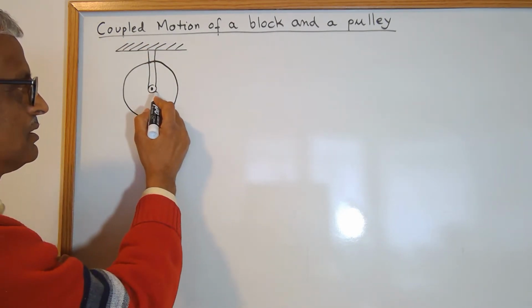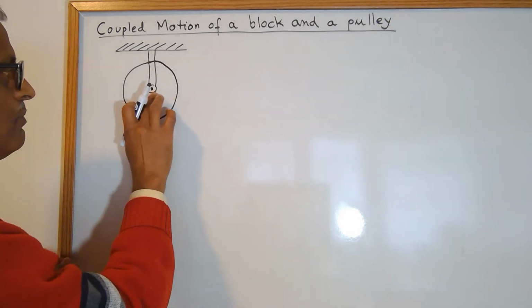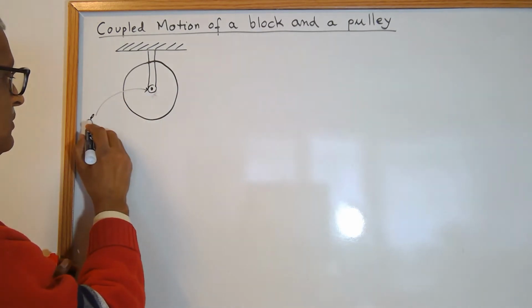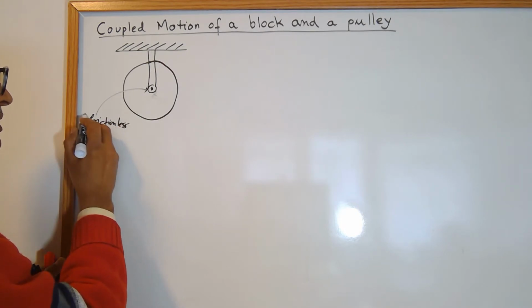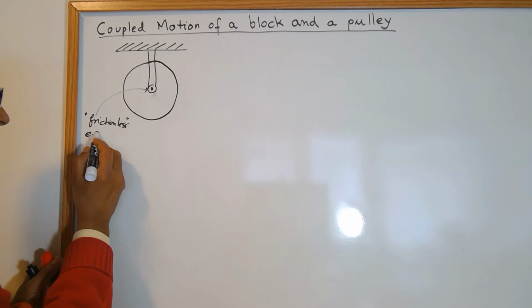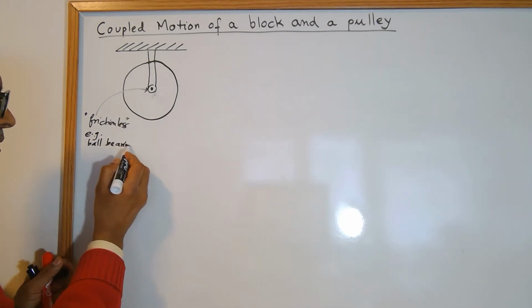We'll assume there's some kind of ball bearing, so it is frictionless. So we can assume that it's frictionless. It's not given in the problem, but we can assume that. For example, you can have a ball bearing to reduce the friction.